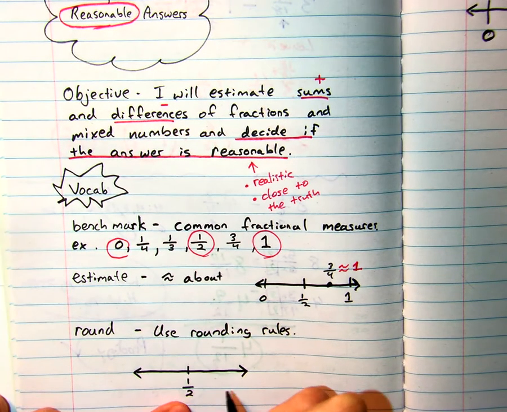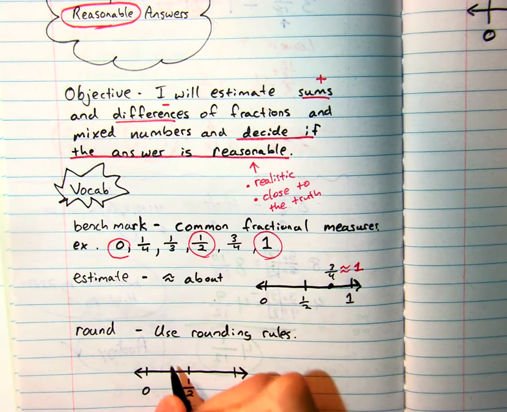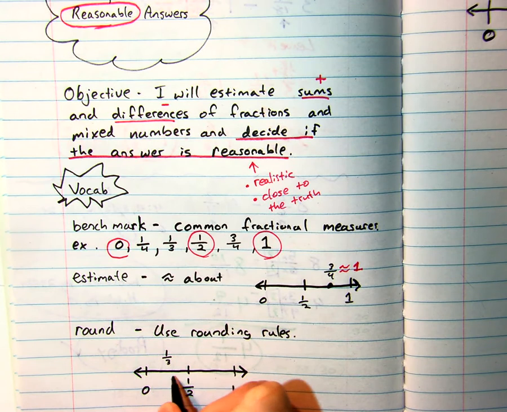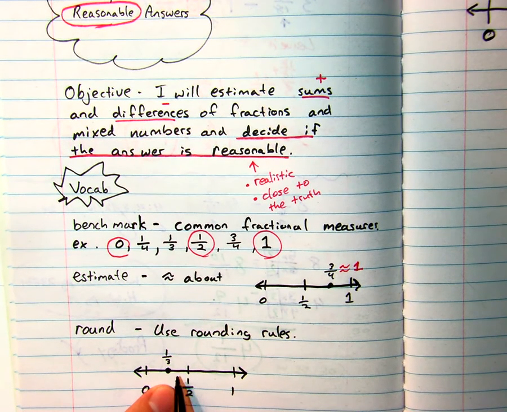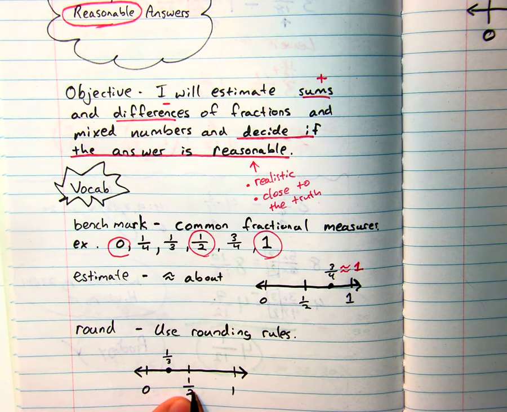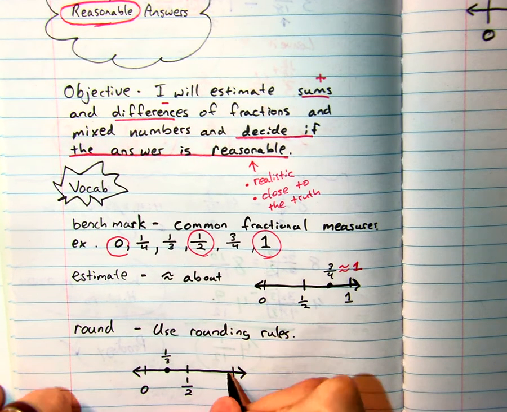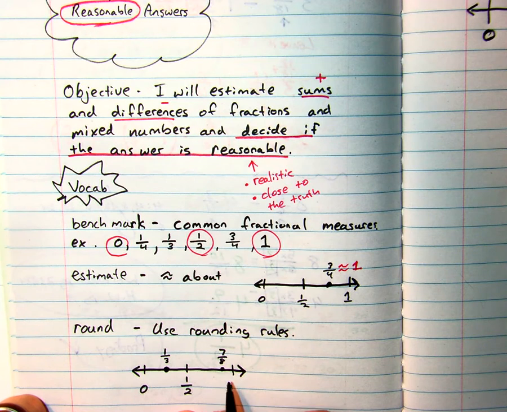So if I have, for example, 1/3, 1/3 would land here on my number line. Is it more than half or less than half? It's closer to 0, isn't it? So if it's less than half, I would round down. If it's more than half, I would round up. For instance, the fraction 7/8 is here. It's almost 1. It's so close. In this case, I would round it up to 1.